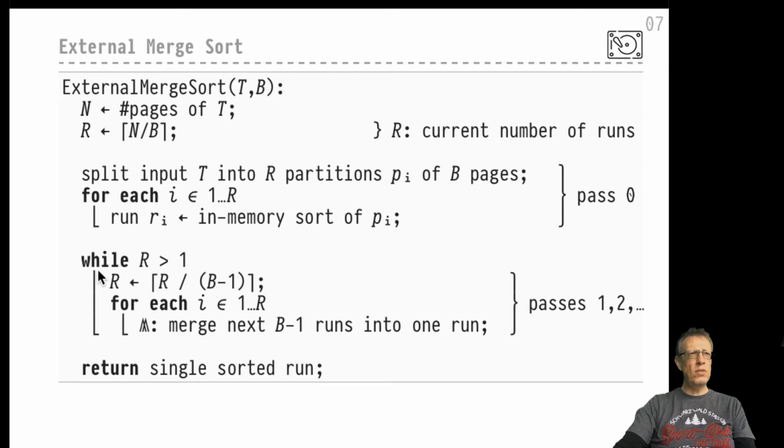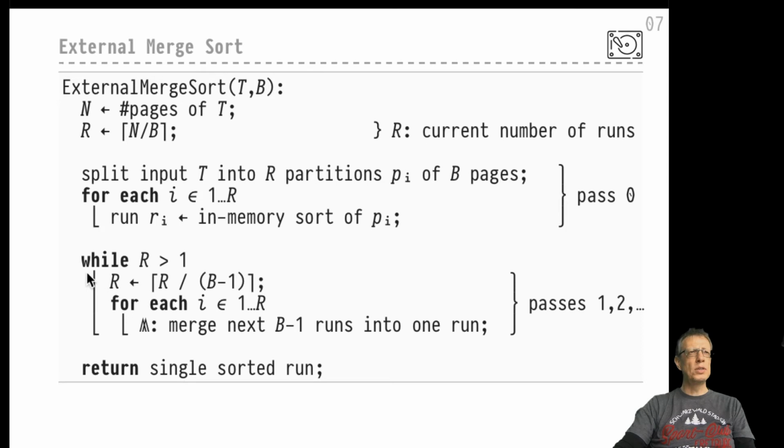So that will be the number of runs that we write out to disk in this particular pass. And you see, this is exactly what we do here. That many runs will be written. To write each of these runs, we will read B minus 1 runs from our input. So R will be reduced by a factor of B minus 1 in each of these passes.